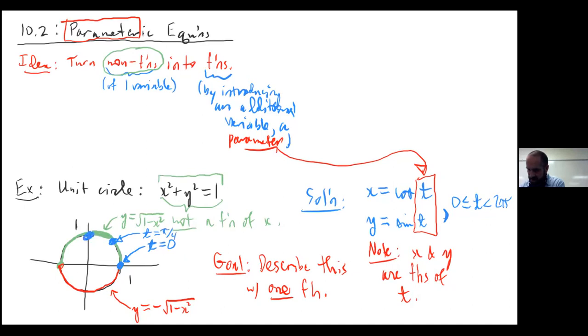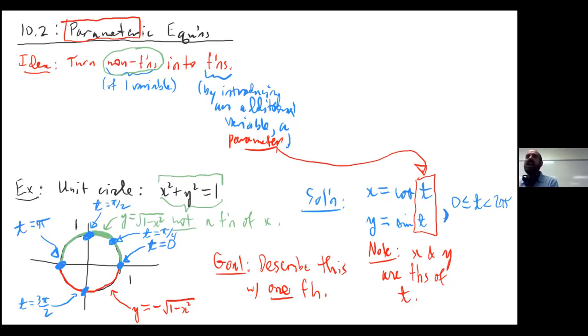Right here is where I am when t is equal to what? Pi over 2. Okay, I'm actually down here when t is equal to 3 pi over 2, for instance. Here, I'm right here if t is equal to pi.